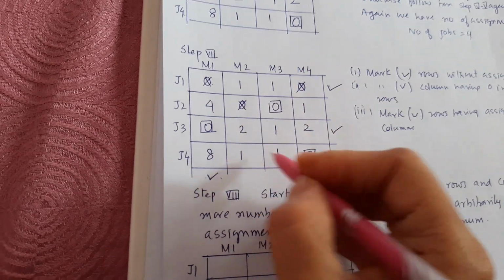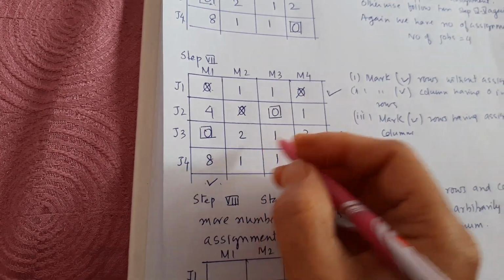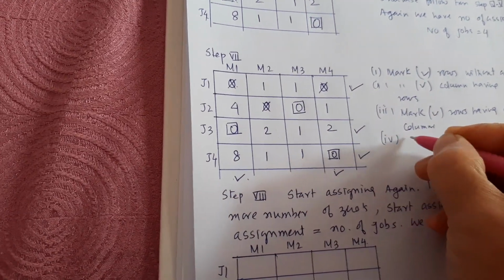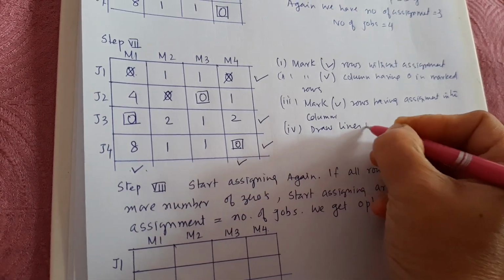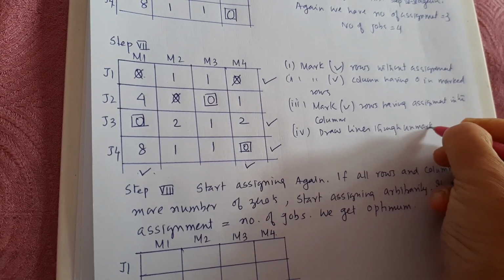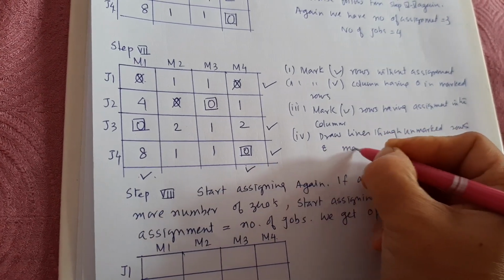Is there any further row available here? There are no further rows or columns available for ticking. So now what you do is make the dotted line. What is the dotted line? Draw lines through unmarked rows and marked columns.